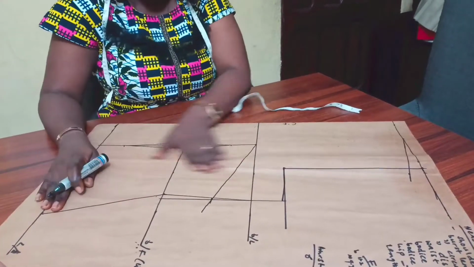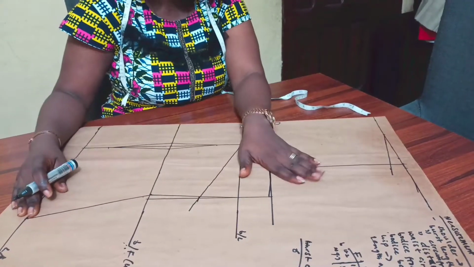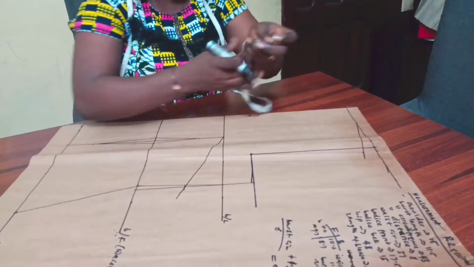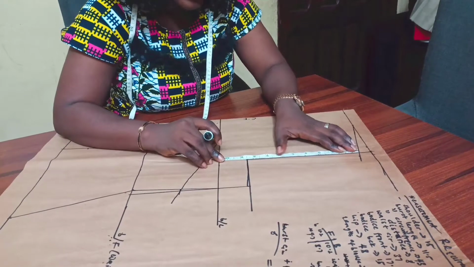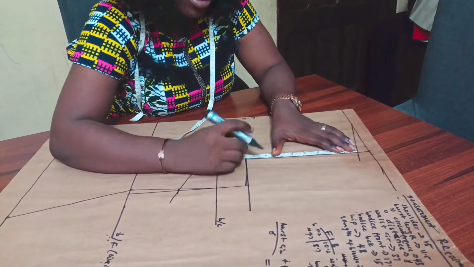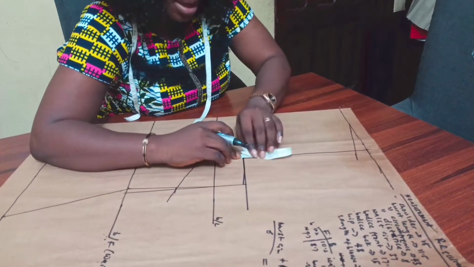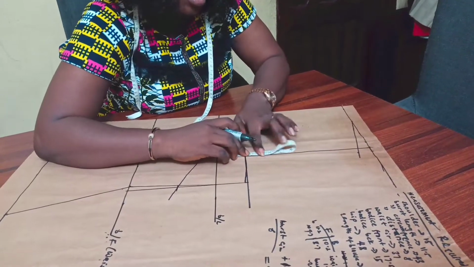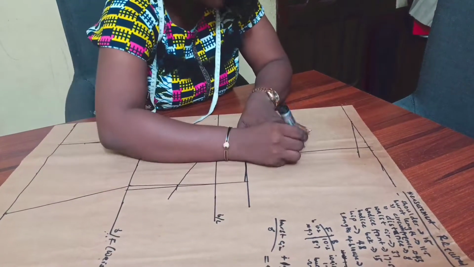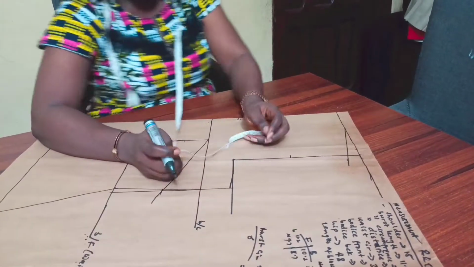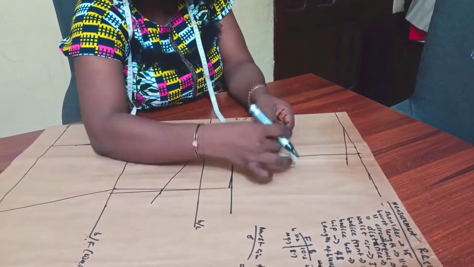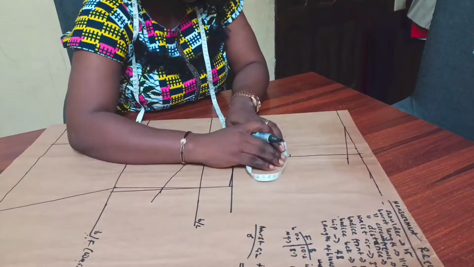So we are left with our armhole measurement, as in armhole curve. To get this, you would measure from here and get half of here, mark it out to give you a nice curve. Depending on what the bust circumference is, that's what you come out with.